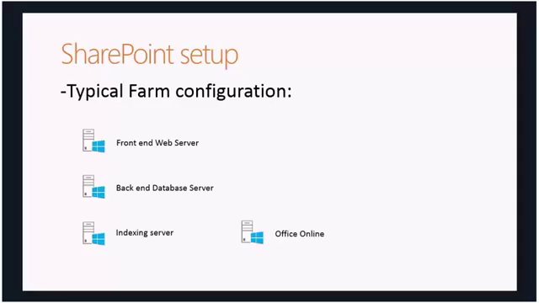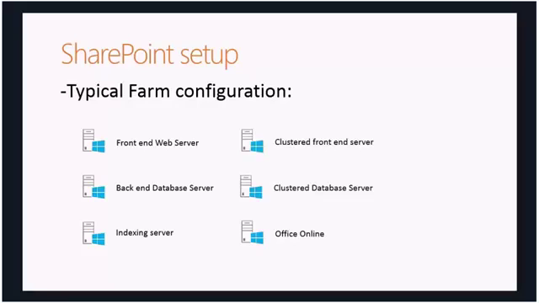You then need an indexing server. One of the benefits SharePoint provides is that all the information installed or copied into SharePoint is indexed constantly. So it's always being indexed, and that needs to go on its own server to spread the workload. And typically, as I said, you need to have an Office Online server to be able to view and edit documents in a browser.